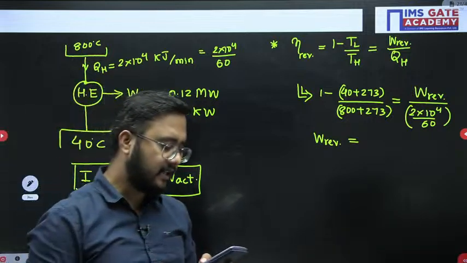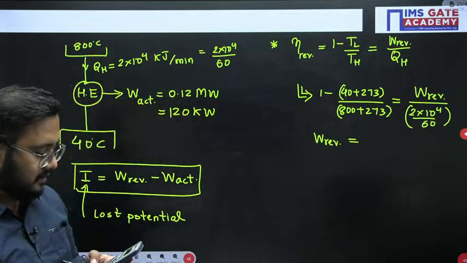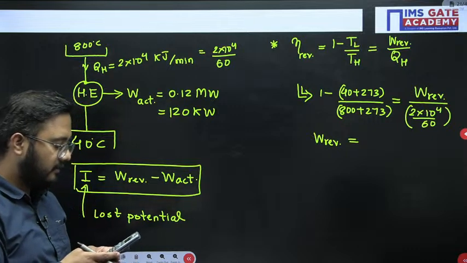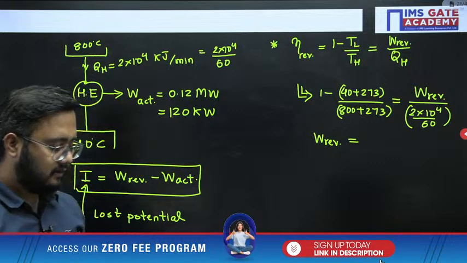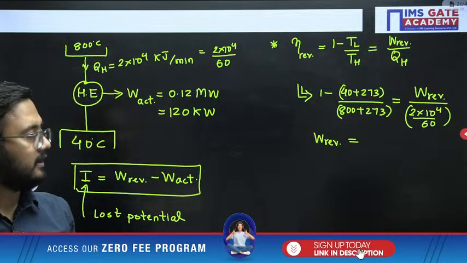Carnot efficiency is correct, 70.8, you are getting the correct answer. But the point is, what will be the reversible work done? Tell me.